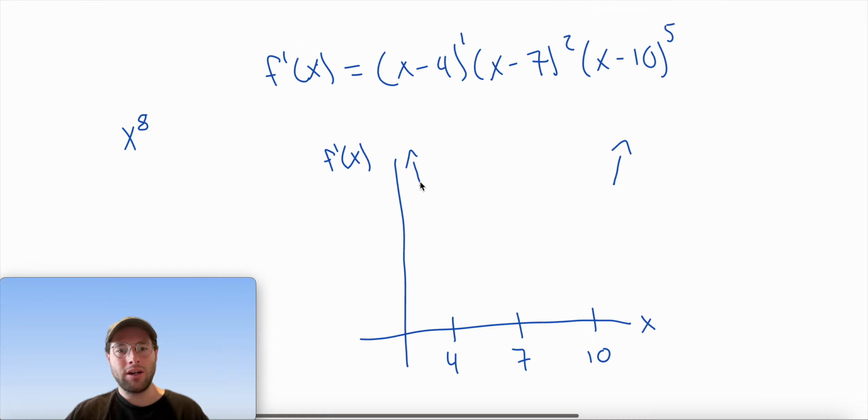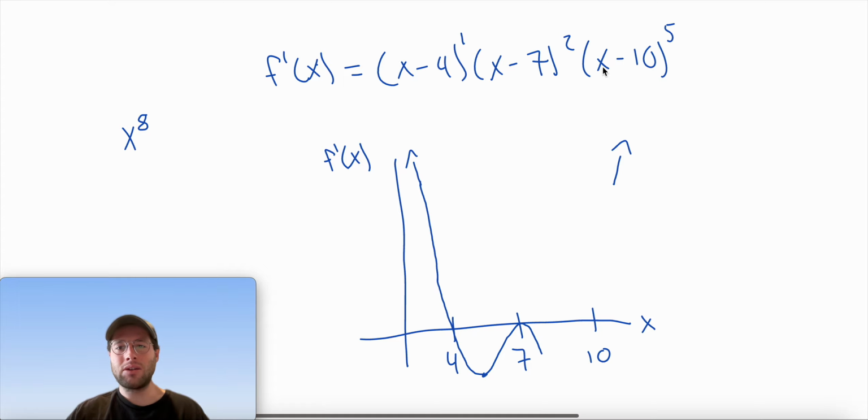So we start here, we're going down towards the 4 here, and the multiplicity is odd, so we're going to cross through this x-axis here. Then we need to come back to 7, and because the multiplicity is, it's raised to 2, that's even, so we're not going to cross through at 7, we're just going to touch and then come back down.